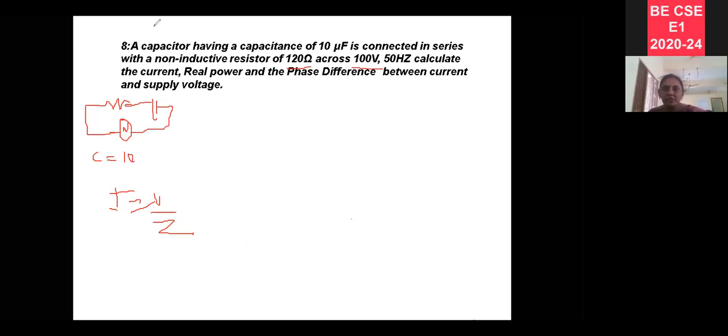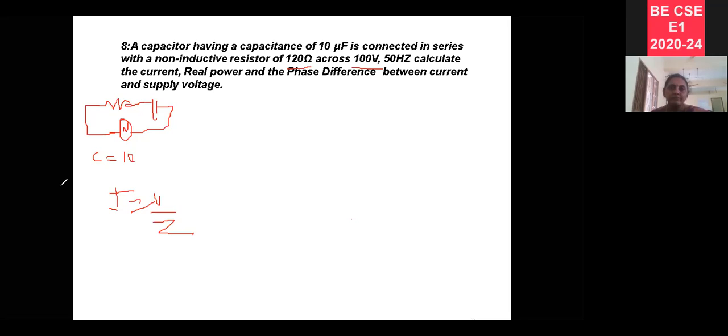Someone tell me the formula for impedance. This is going to be an RC circuit. So what is the impedance value? Formula only I wanted. We have derived it previously. Z is equal to square root of R square plus XC square.